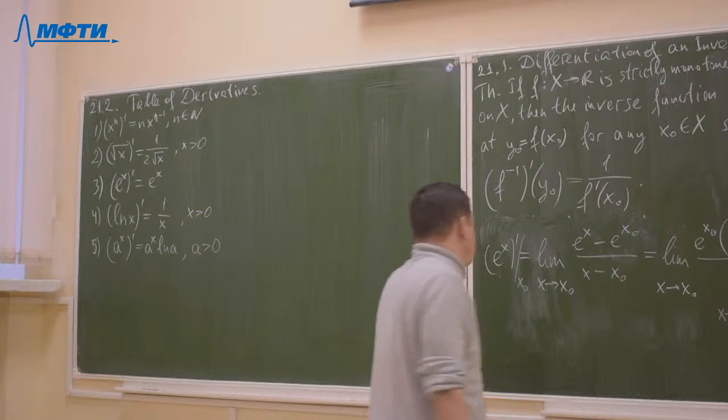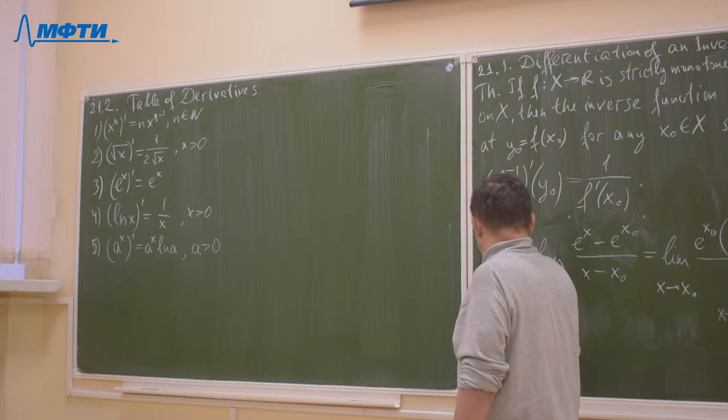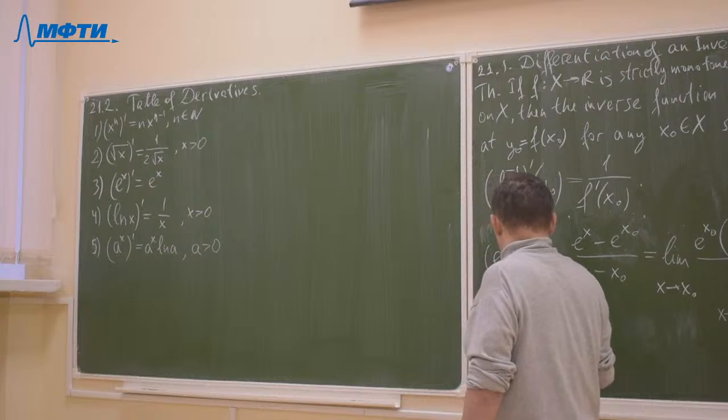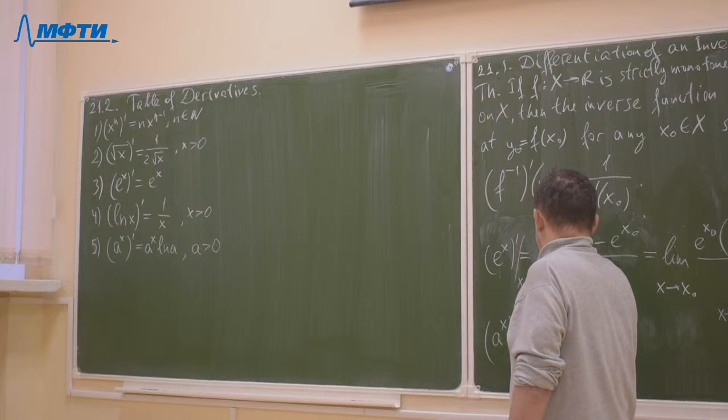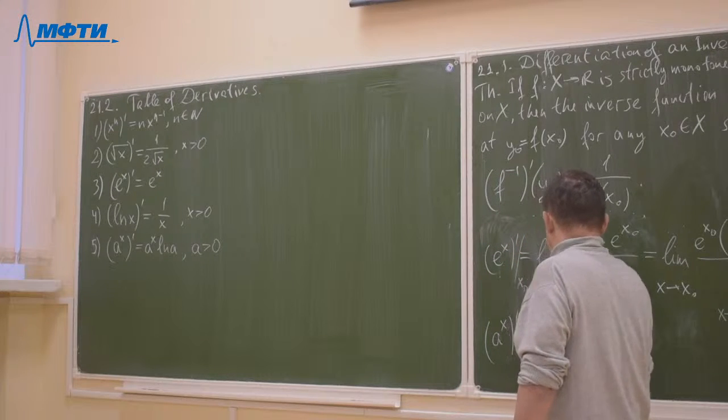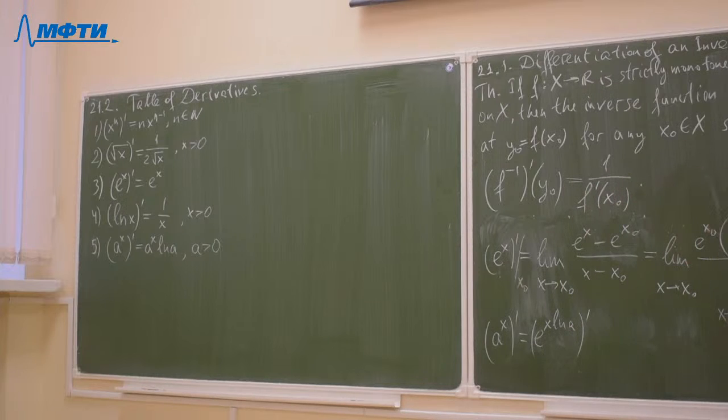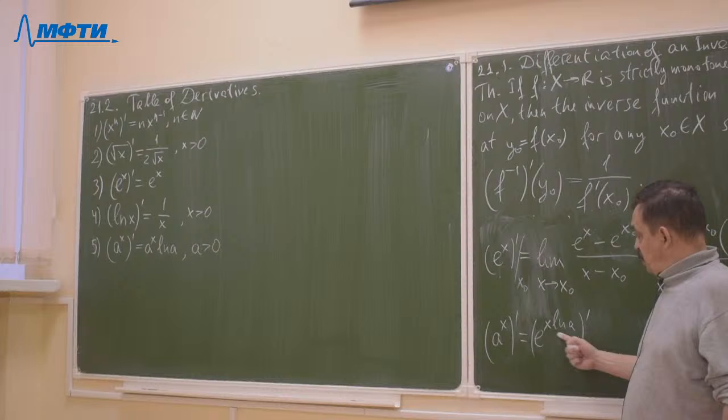Here is how we can proceed for the proof of that line. (a to the power x) prime: if we rewrite it as e to the power (x logarithm a), then we can use the chain rule.